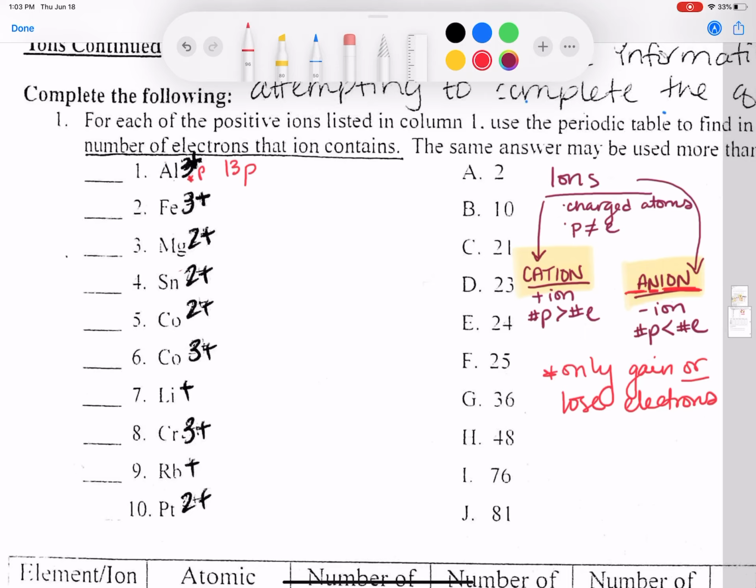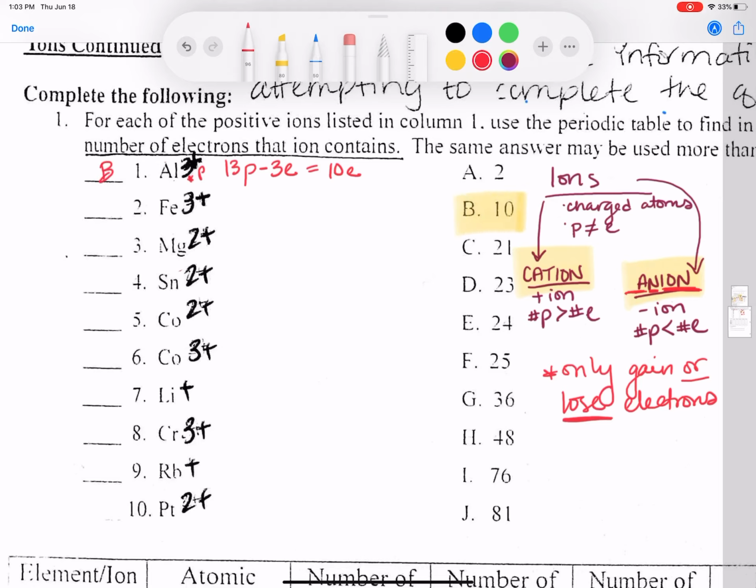How do you end up having 3 more protons? That means you lost 3 electrons. So we have 13 protons, we lost 3 electrons, and we're left with 10 electrons. If you are following with the multiple choice options, that would be answer B.